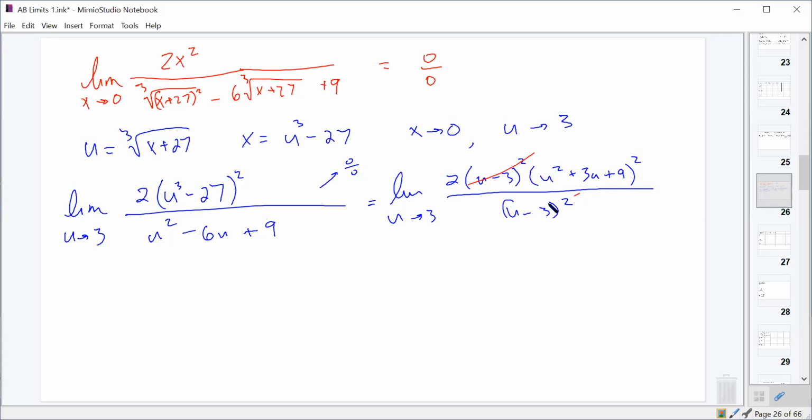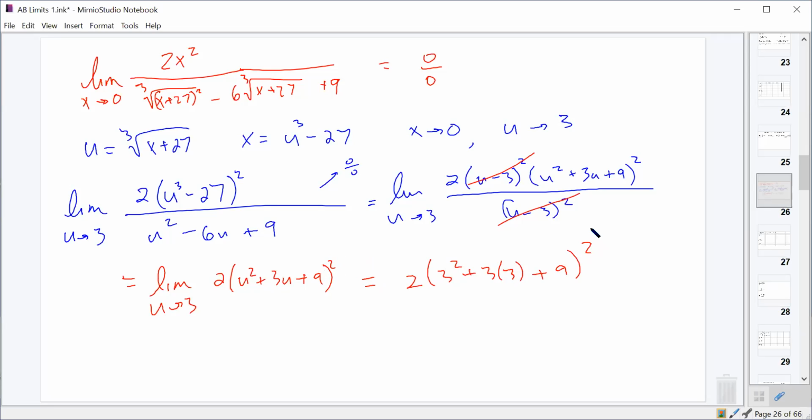The U minus 3 squareds will cancel, and we got the limit as U approaches 3 of 2 times U squared plus 3U plus 9 squared, or 2 times 3 squared plus 3 times 3 plus 9, all of that squared, which, let's see, that's 9 plus 9 plus 9, that's 27.